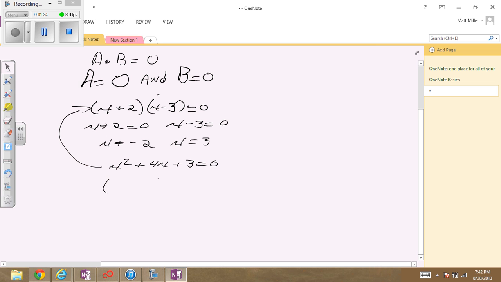We know factors in the two groups. It's still going to equal 0. And of course, we'll split the x squared into x and x. Since the last sign is positive, both will take the sign of the middle, namely plus. Two factors multiplying to 3, adding to 4, are 3 and 1.